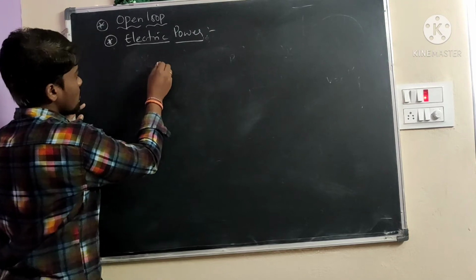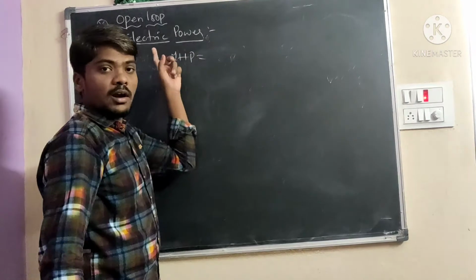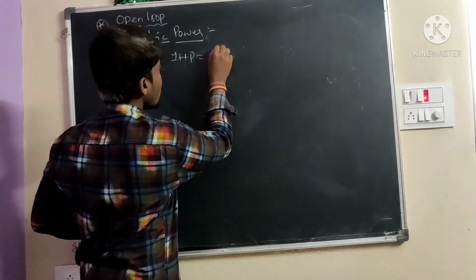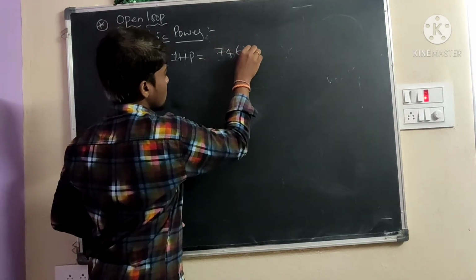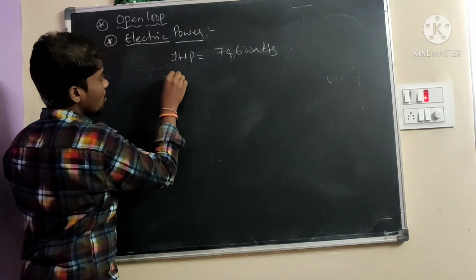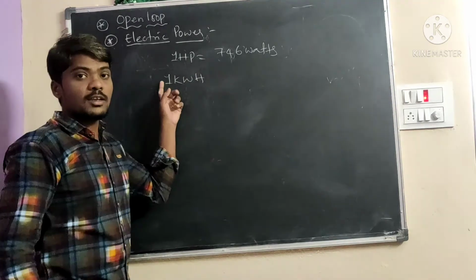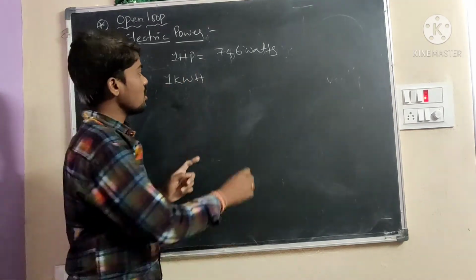For example, 1 horsepower is equal to 746 watts. Now, 1 kilowatt hour. How much is it?